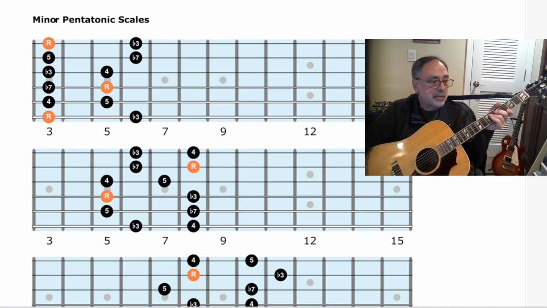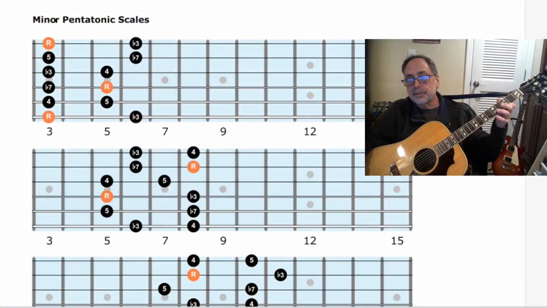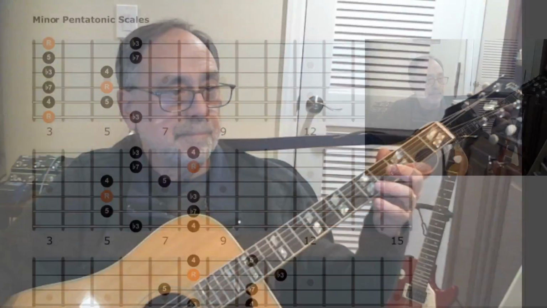So I'm going to go back to my guitar for a second. All right. So down here, if we were playing the way this picture had it, just to demonstrate these 2 positions here, this would be G minor, because this is G here, right? This is a G note.